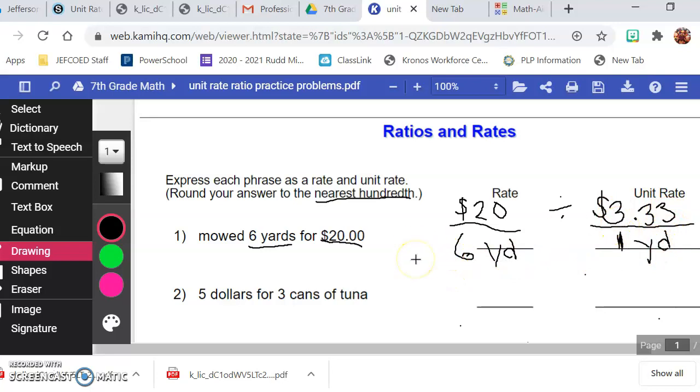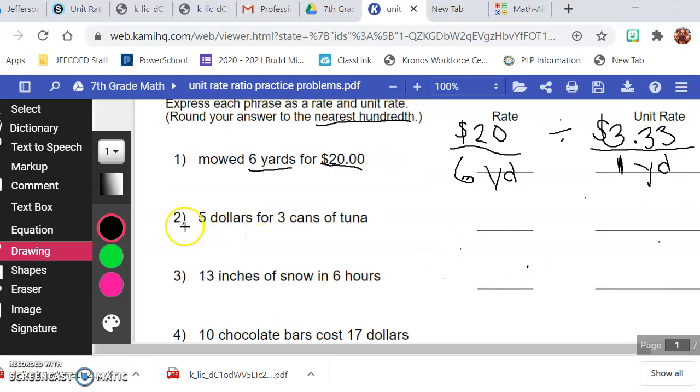Let's try another practice problem. Our key pieces of information here are $5 for 3 cans of tuna. Remember, money on these rates goes on top. So it's going to be $5 on top, and 3 cans is going to go on bottom. Our next step to find a unit rate, we're going to divide.